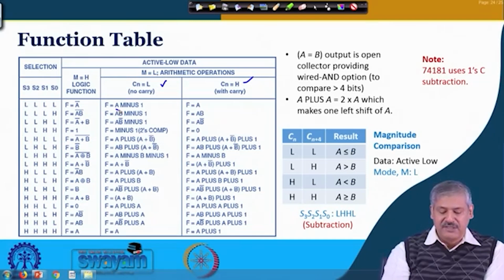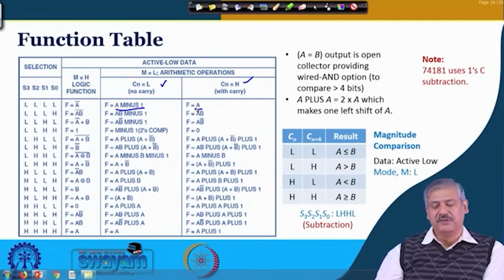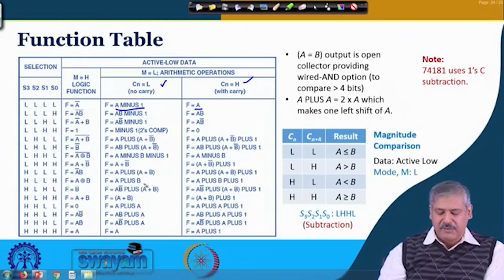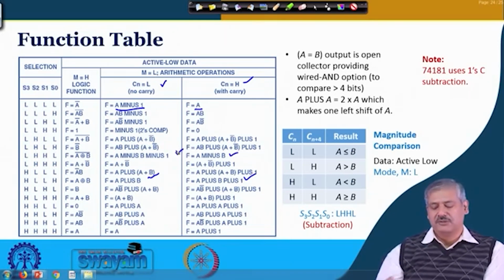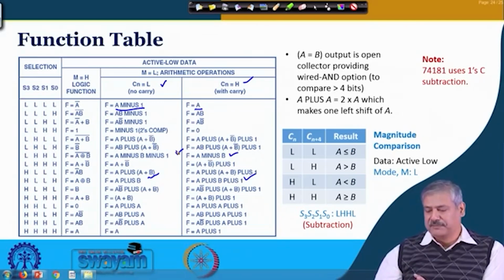In one case, if it is A minus 1, when carry is included, F is equal to A. So, the input just passes through to the output. Then the different classes: A plus B and then A plus B plus 1; A minus B and A minus B minus 1. These are the different functions that you can get and make use of.